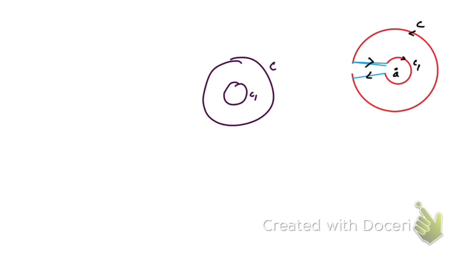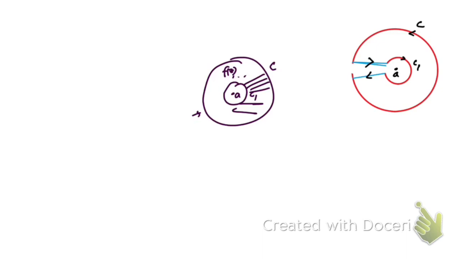Okay, so we have considered this inner circle C1 to be very small, such that f of z is analytic only in the region bounded by these two circles. There is only one point within C, that is A, where this function is not analytic. Not f of z, sorry, but f of z divided by z minus a. We are talking about this function that we have considered.